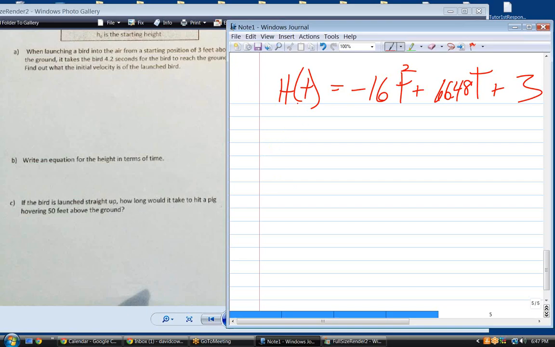So if the bird is launched straight up, how long does it take to hit 50 feet, a height of 50 feet. So again, we plug in 50 for the height and solve this ridiculous quadratic equation.